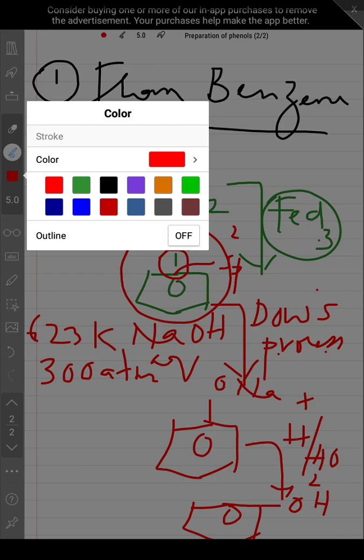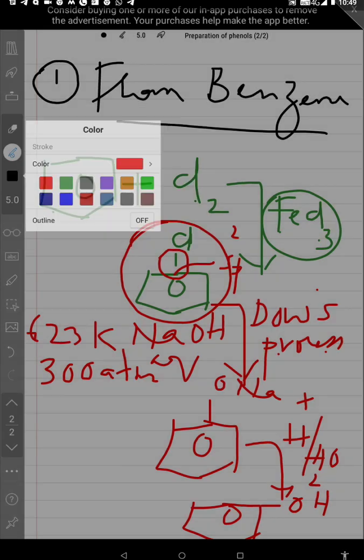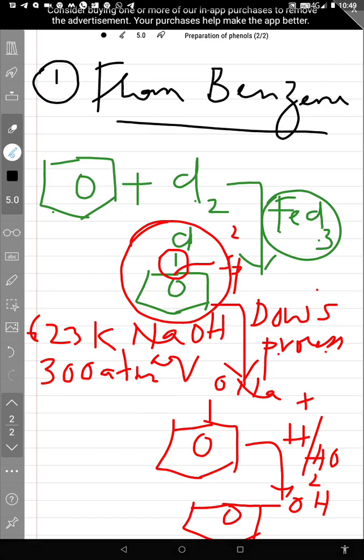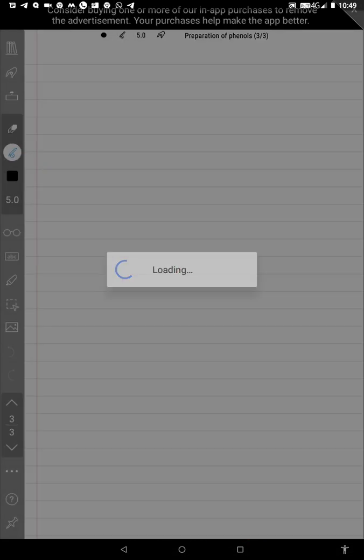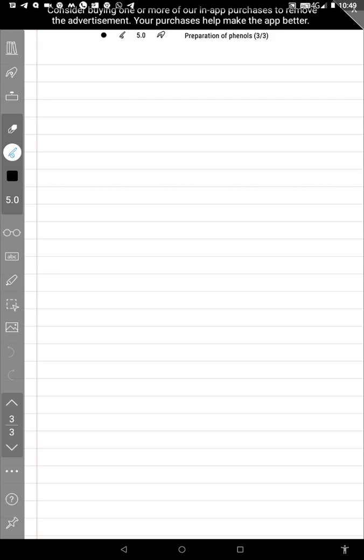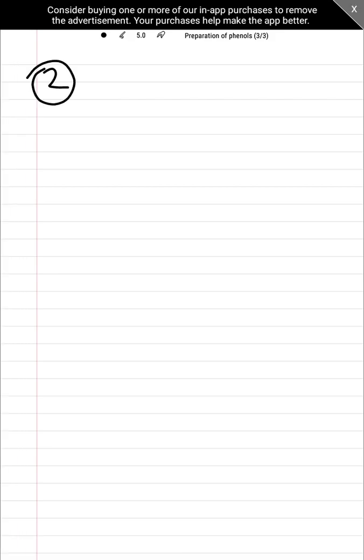The second method for the preparation of phenol is from Grignard reagent.